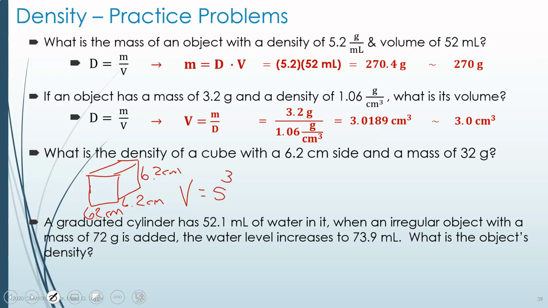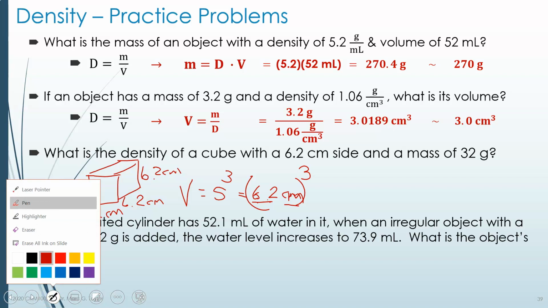That's why we call it a cube, actually. And we plug that in, so it's 6.2 centimeters cubed, and then we cube everything. So we cube both the number and the unit. So the unit will be centimeters cubed in the end, and the number will be 6.2 to the 3rd power.